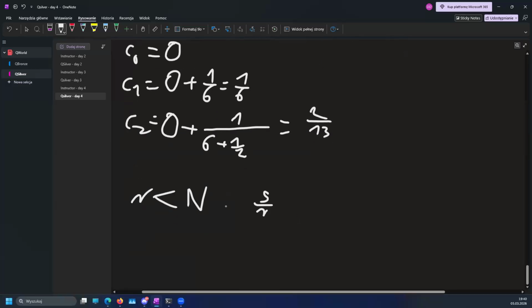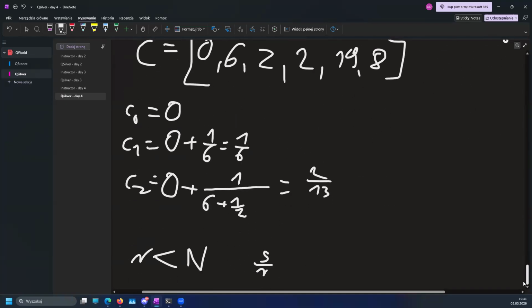And in our case, this big N, I didn't say in this example how big our N was, but I believe it should work like if we have 3, 4, 5, 6.